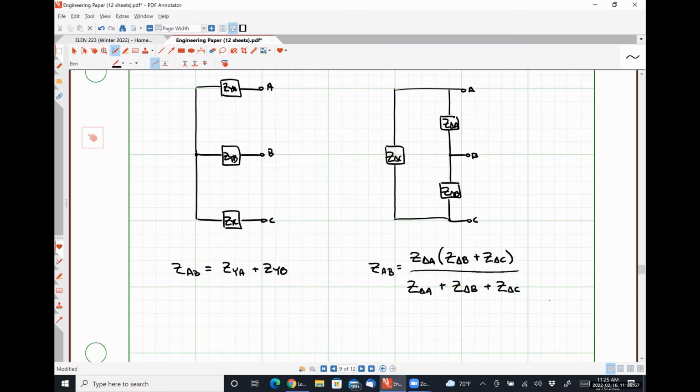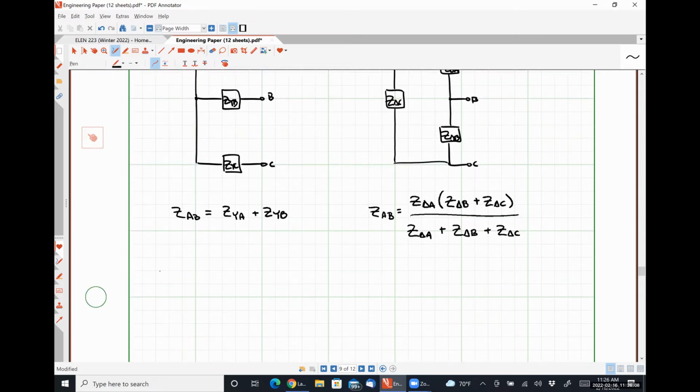If the equivalent impedance of the Y-connected network between A and B is equivalent to the impedance of the delta connected network between A and B, what we get is ZYA plus ZYB is equal to Z delta A times Z delta B plus Z delta C, all divided by Z delta A plus Z delta B plus Z delta C.